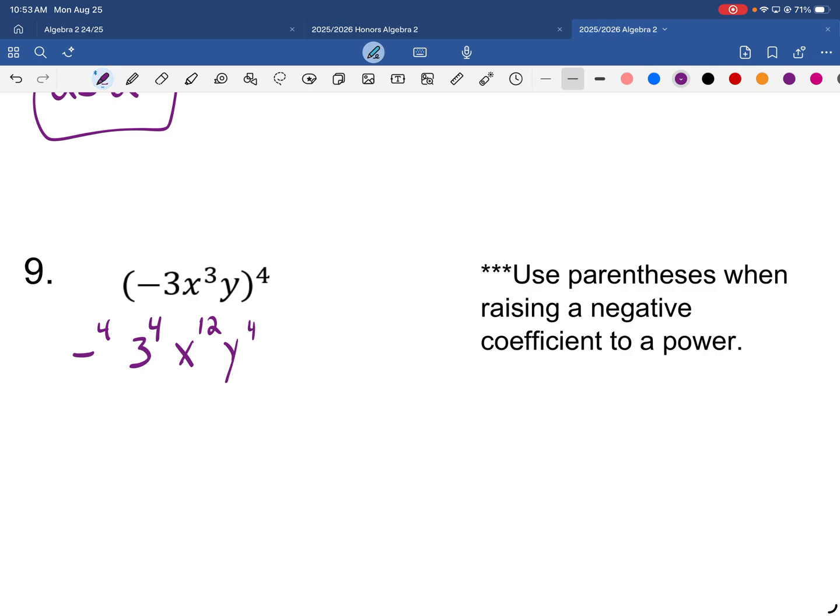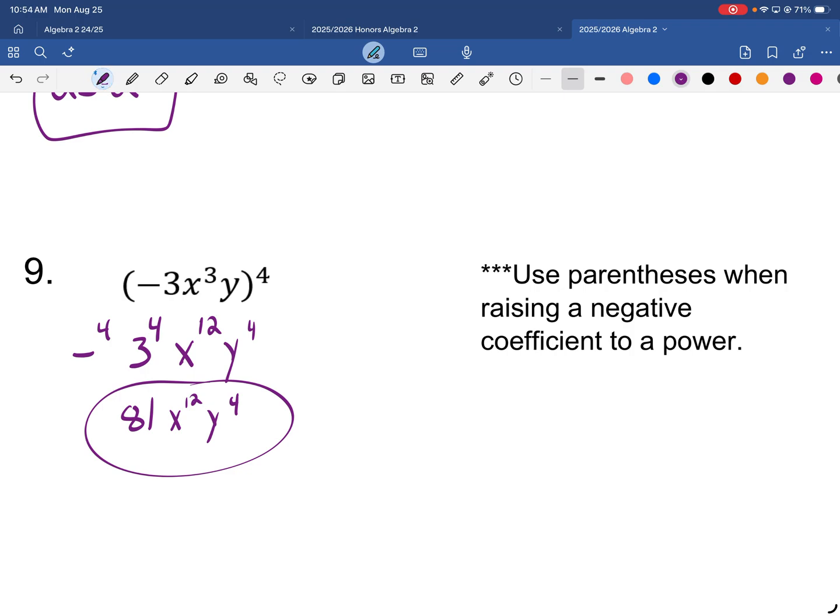If you have 4 negatives, is that even? If you have 4 negatives, is that positive or negative? Negative times a negative times a negative times a negative is a positive. 3 to the 4th, I think, is 81. This is 81. X to the 12th, y to the 4th. And that's your solution. You're done.